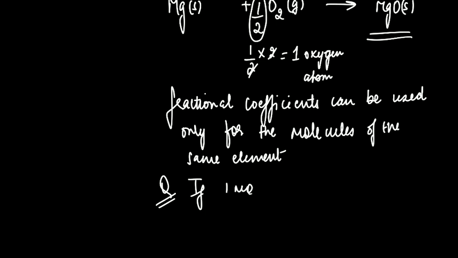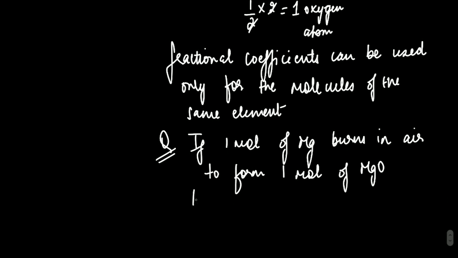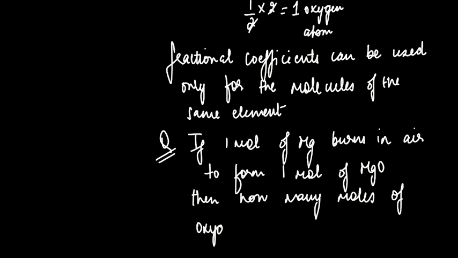if 1 mole of magnesium burns in air to form 1 mole of magnesium oxide, then how many moles of oxygen gas are required?